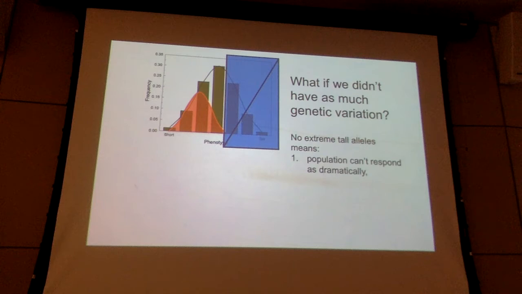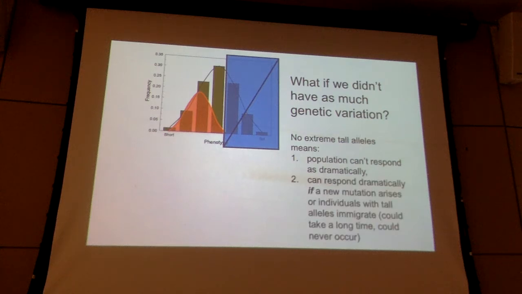Mutation. So you could have some new mutation come in and allow you to be really tall. But you can't respond very dramatically right away because you just don't have the ability.